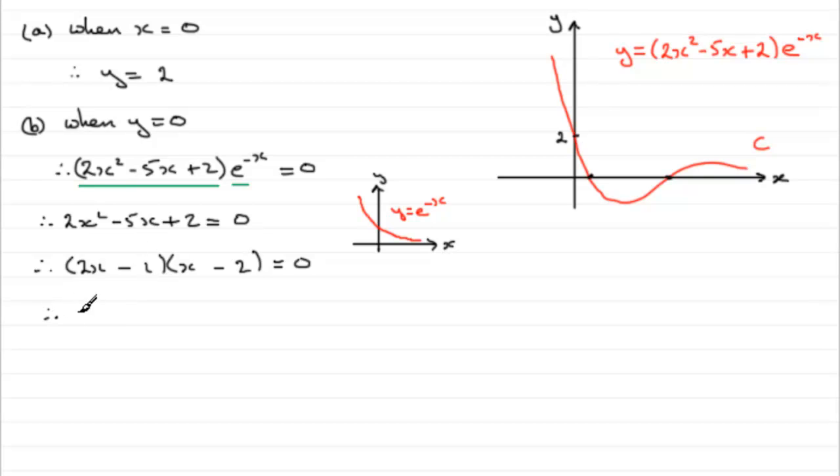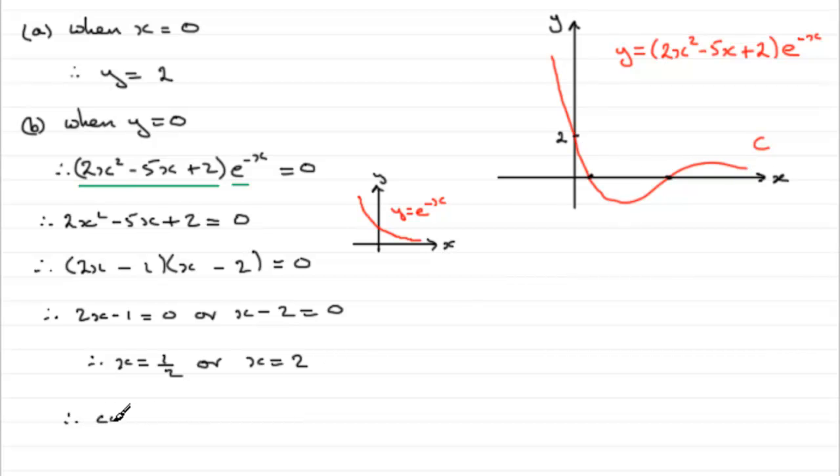And in the usual way, 2x minus 1 would equal 0, or the other factor x minus 2 would equal 0, leading to x equals a half or x equals 2. So where does it cross the x-axis?